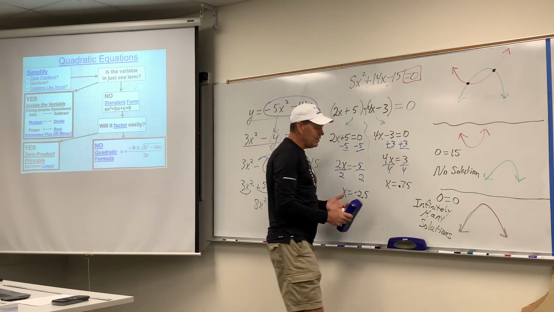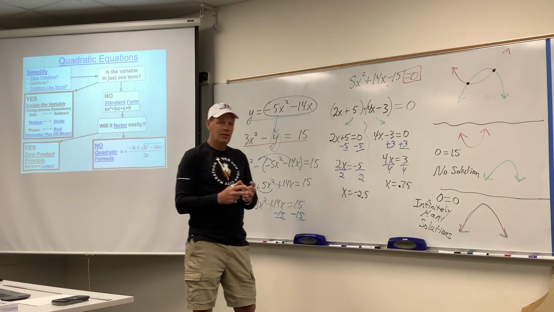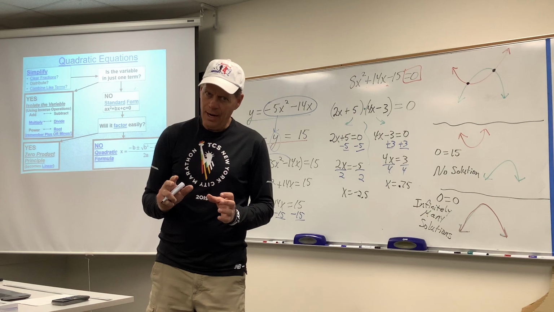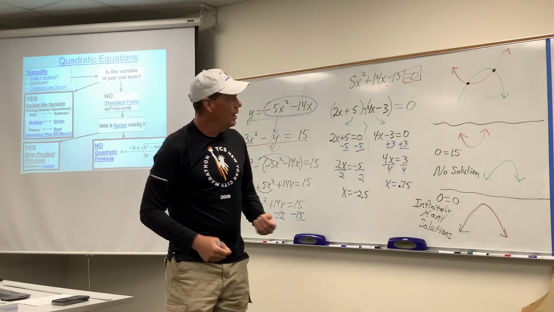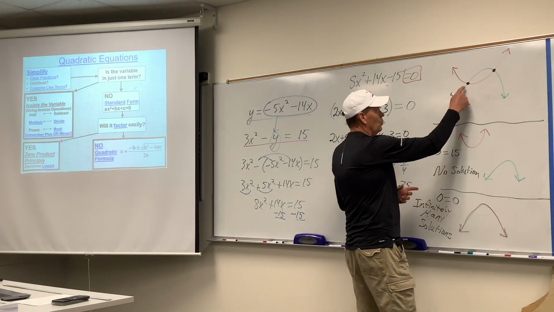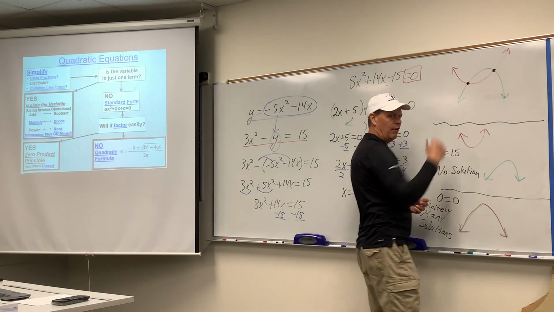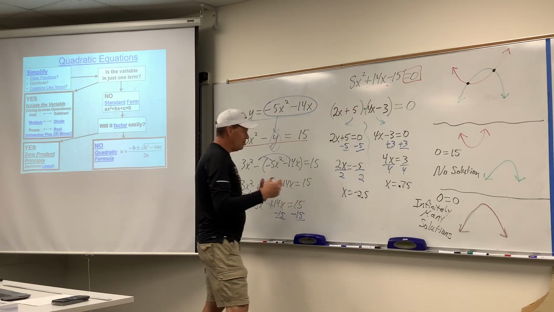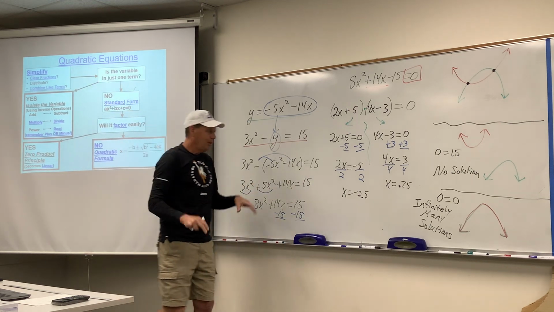Now the error that we see frequently is for folks to put the two together and make them into an ordered pair, but those are both values of x. In this little game we don't pair an x with another x. It's two points. There's one point with a value of x and a different point with another value of x. Board space being at a premium, hit pause, catch up, do whatever you got to do, all right?